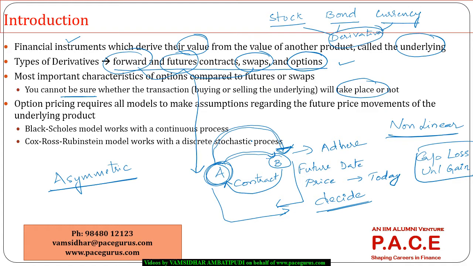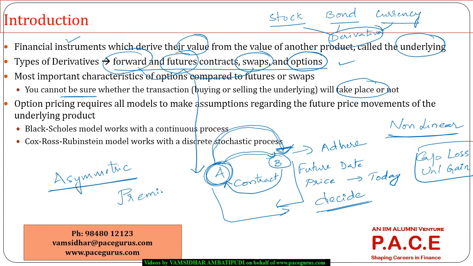So this is where we talk about a non-linear behavior, and whatever this amount A is paying to B to get that additional option is what we call as the option price or the option premium.